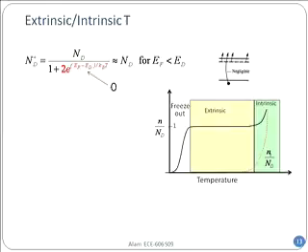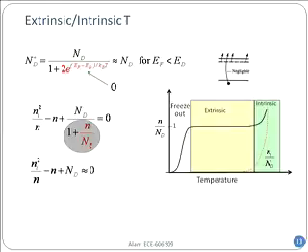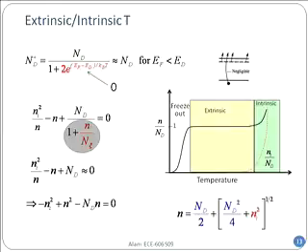The whole term should go to 0. And again, you have the same expression, but this time, because the whole factor goes to 0, you can throw out the denominator and replace it with 1. Once you do that, you have a quadratic equation, and once you have the quadratic equation, you can solve it. So once you know the value of nd and ni squared, you can calculate, once again, the value of the electron concentration in the yellow region.